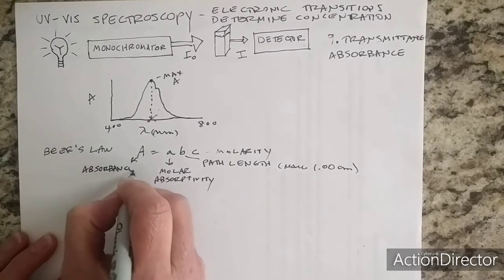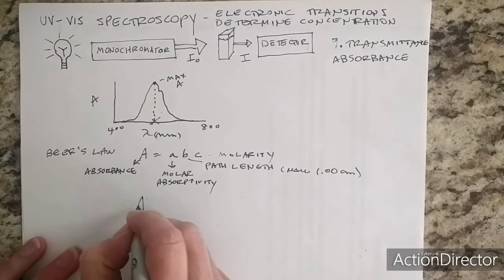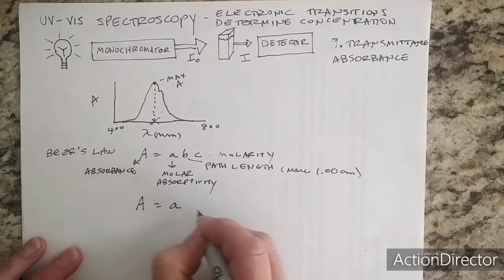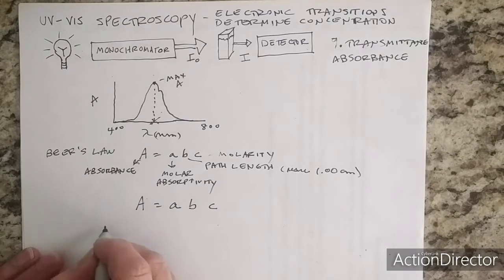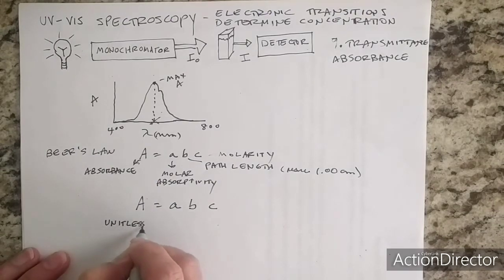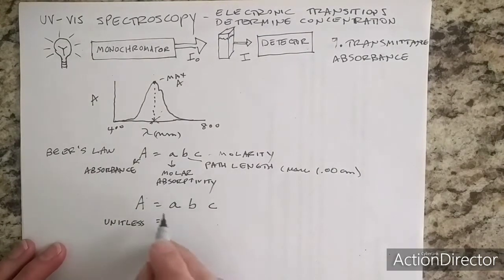So let's take a look at the units in this equation. A equals abc. Absorbance is unitless. It's actually a logarithmic term, so it does not have units. So that means that all the units on the right are going to have to cancel out.